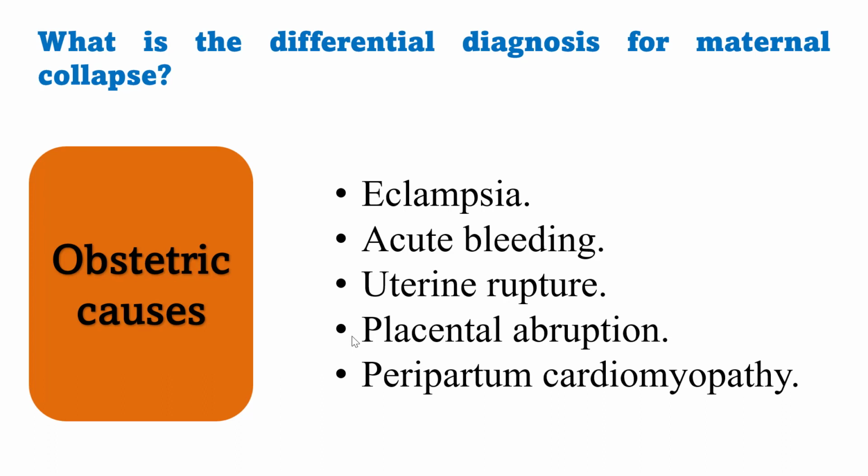Lastly, the peripartum cardiomyopathy. It is an entity of cardiomyopathy that affects the pregnant woman peripartum, and it is a form of dilated cardiomyopathy, and it is very common to discover it upon induction of anesthesia that you have a collapsed or arrested mother.